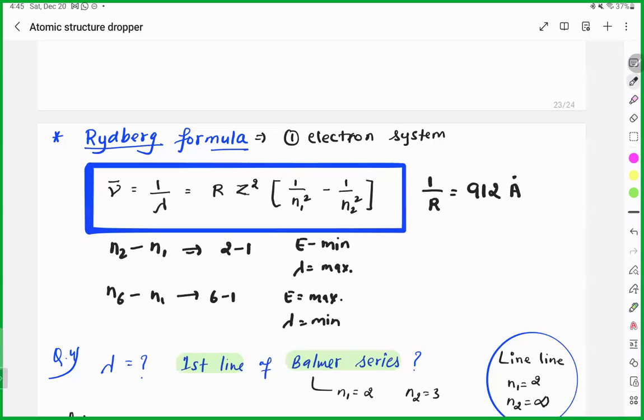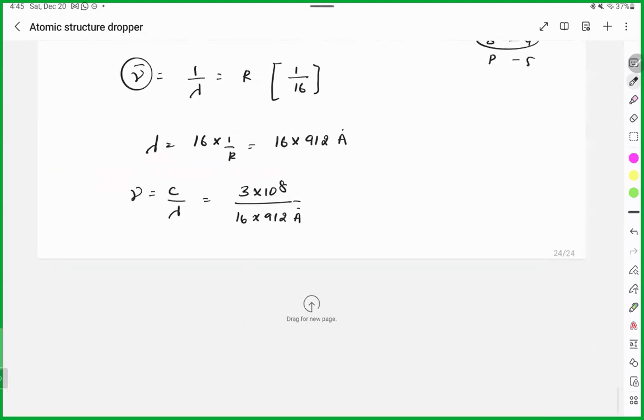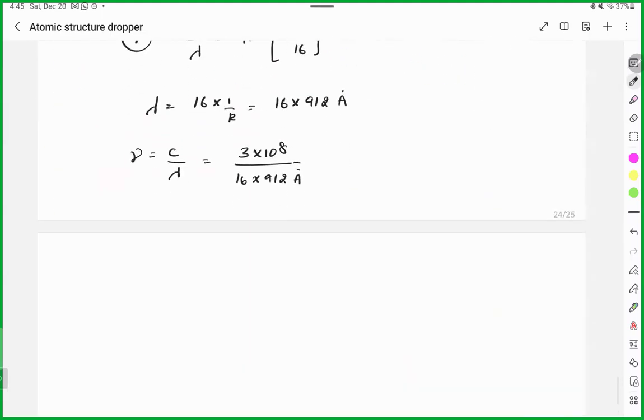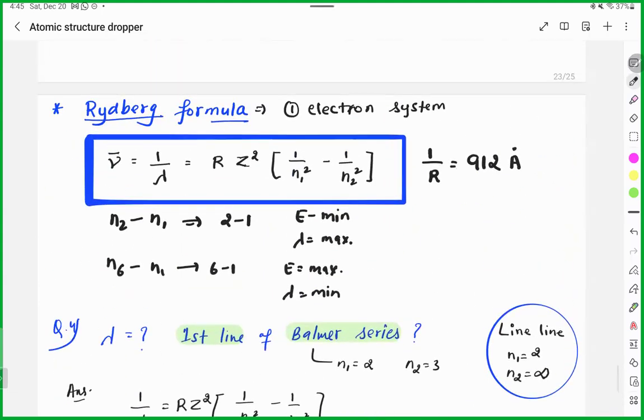So this is what I will provide you. I understand from the student perspective, not only as a teacher who says, I taught you, everything is sorted. So this formula is enough to calculate the wavelength, frequency, and wave number.